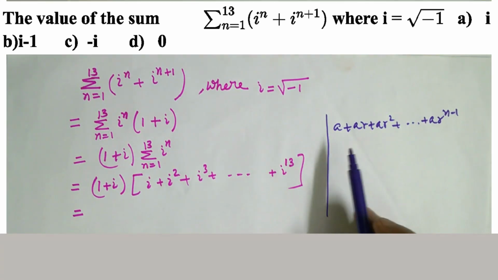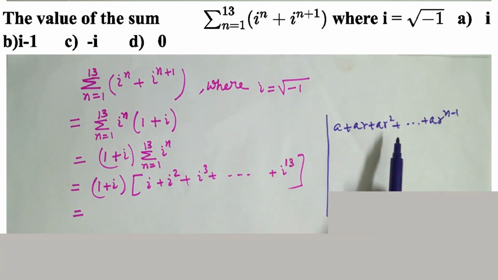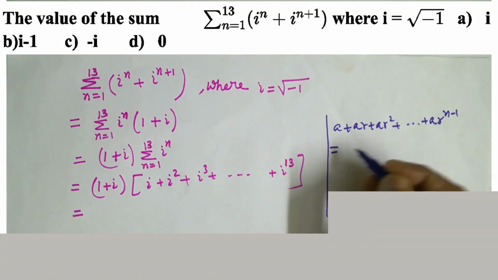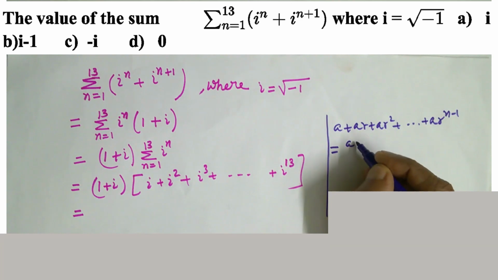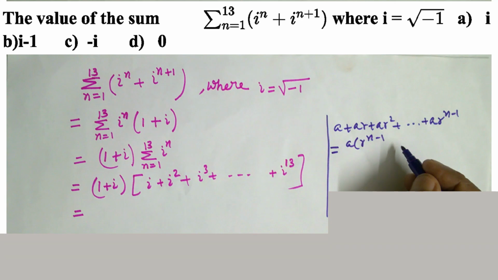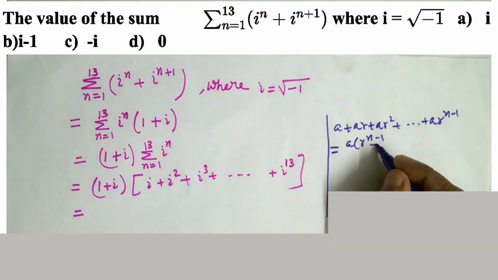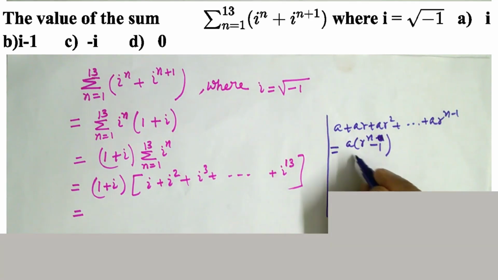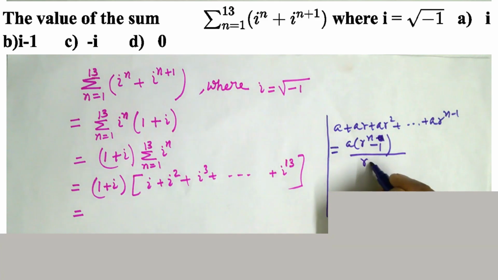That means the sum of n terms of a geometric series, the known formula is a into r to the power n minus 1 by r minus 1.